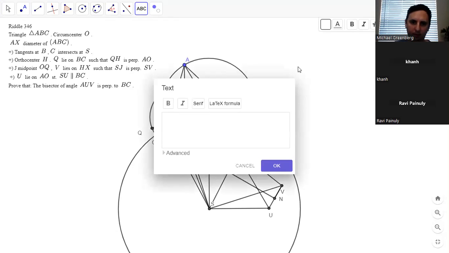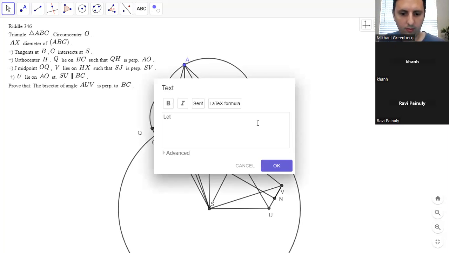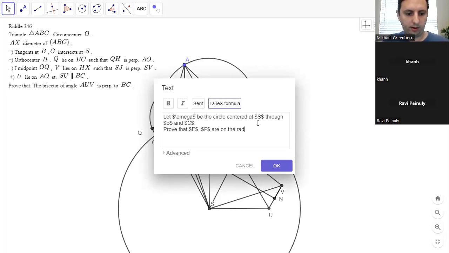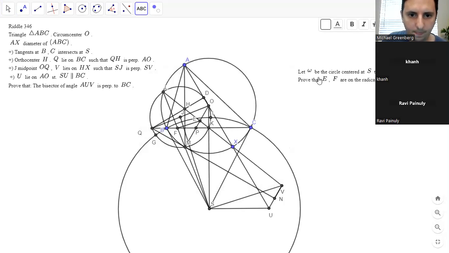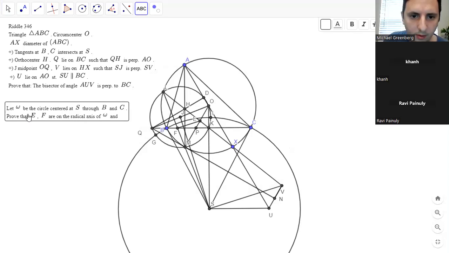Let omega be the circle centered at S through B and C. Prove that E and F are on the radical axis of omega and the circle LDOKM.